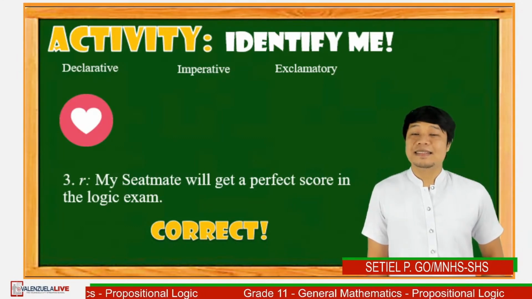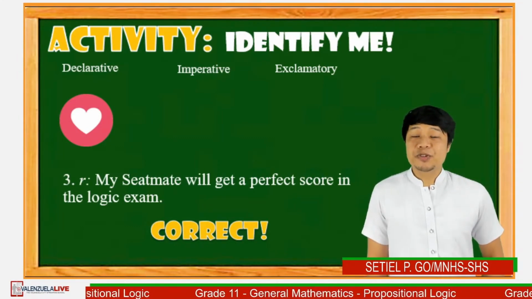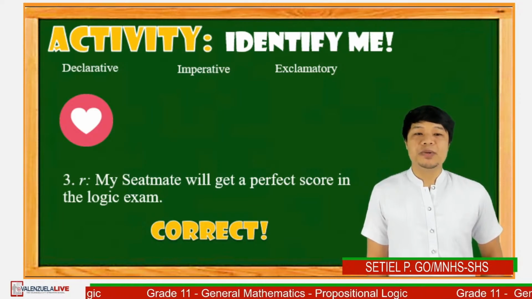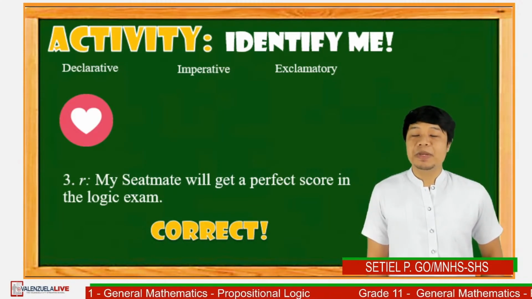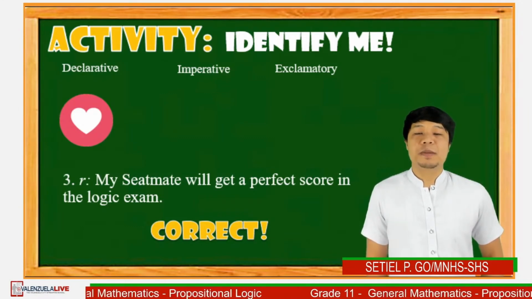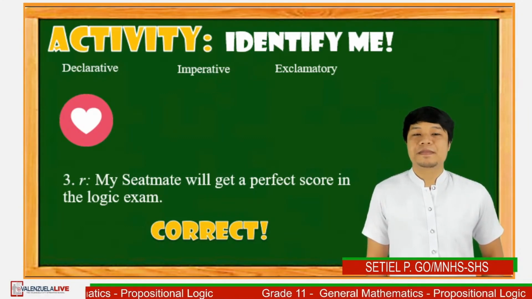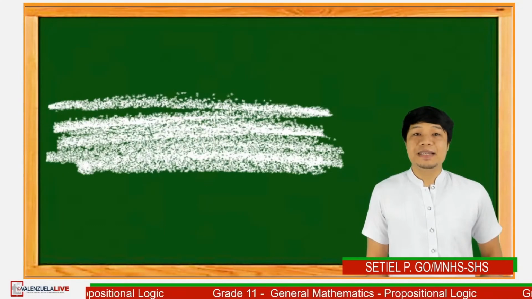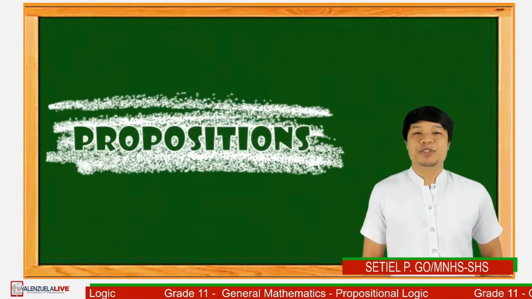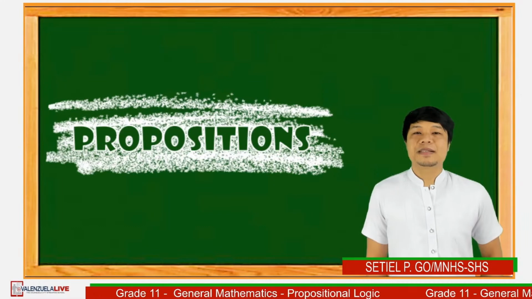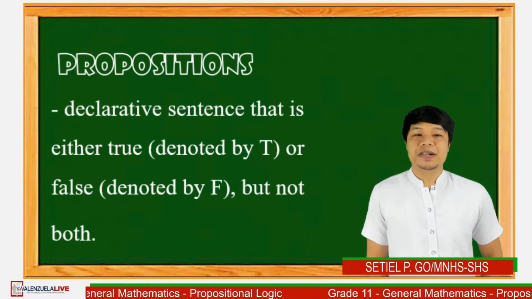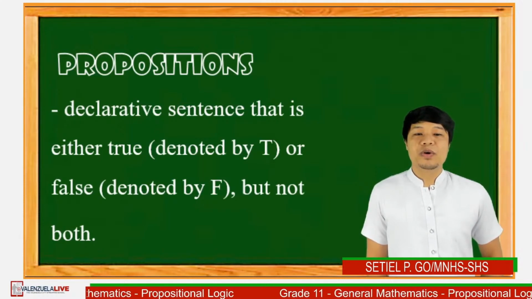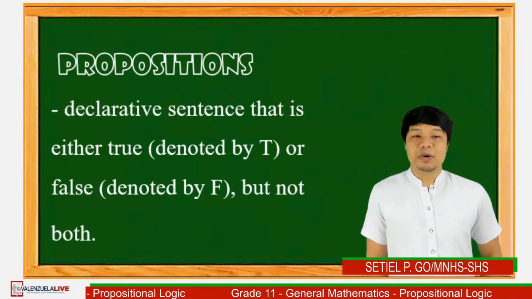The sentence is declarative, but its truth value will only be known after the logic exam. Nonetheless, it can either be true or false, but not both. This concept is actually the definition of propositions. Proposition is a declarative sentence that is either true or false, but not both.